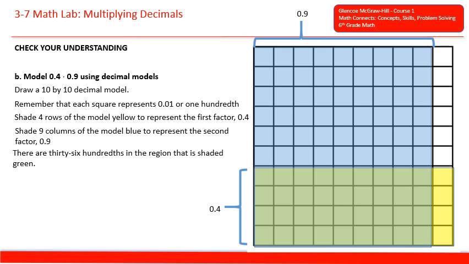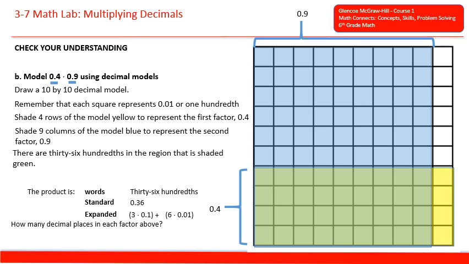There are 36 hundredths in the region that is shaded green. So the product is, in words, 36 hundredths. In standard form, 0.36. In expanded form, 3 times 0.1 plus 6 times 0.01.